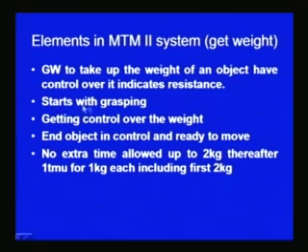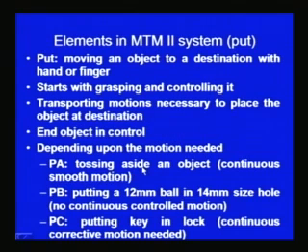It starts with grasping and getting control over it, and ends with the object in control and ready to move. No extra time is allowed for the GW element up to 2 kg, but with further increase in weight, 1 TMU per kg of the weight is allotted extra, including the first 2 kg of the weight.